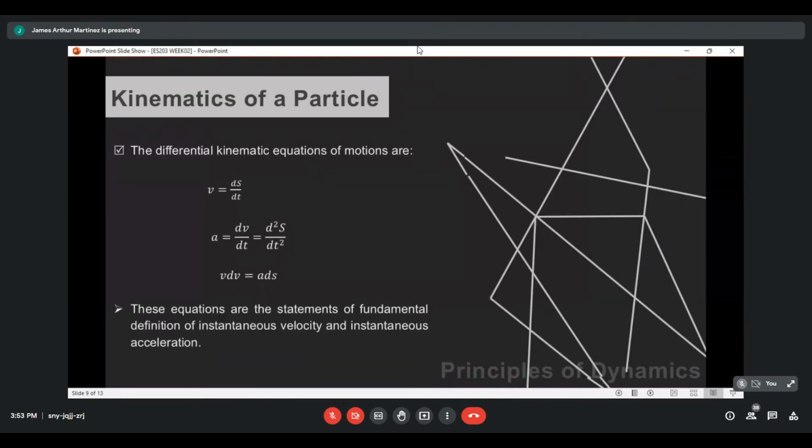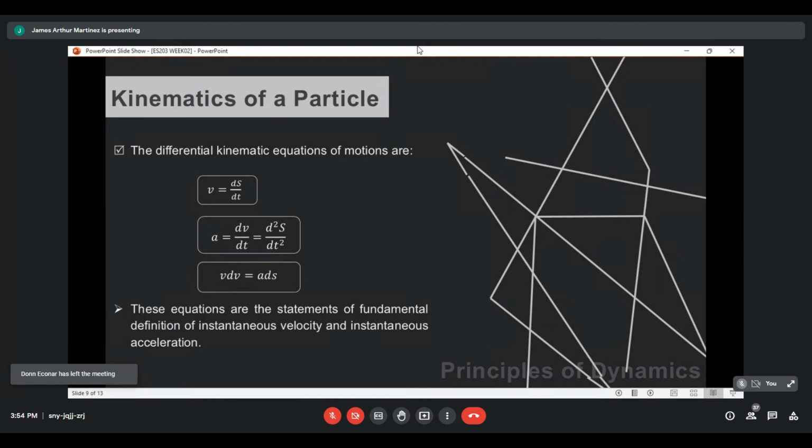As a summary of our kinematics of a particle, we have here the differential kinematic equations of motion, and these are the following equations. Velocity is equal to ds over dt, or the first derivative of your displacement, and acceleration is equal to dv over dt, which means that it is the first derivative of velocity.